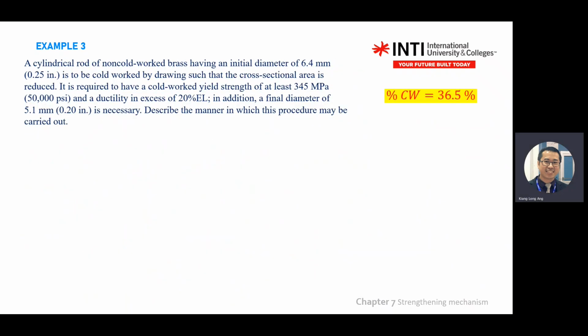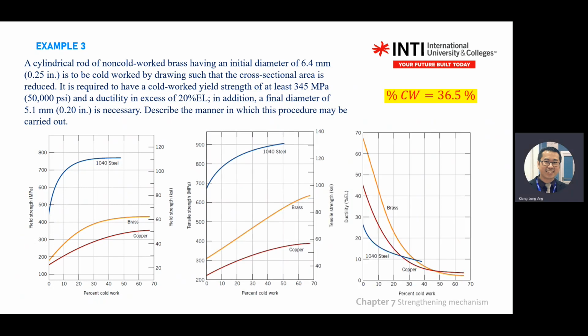Then you go to the graph. You have 3 graphs just now. Then you look at the customer requirement. You have this answer, 36.5%. You go to the graph and draw a straight line up at 36.5% with your ruler through the 3 graphs. Then you get the answer for yield strength, which is 400 something.